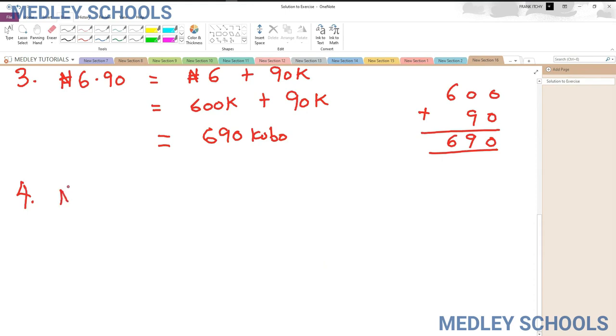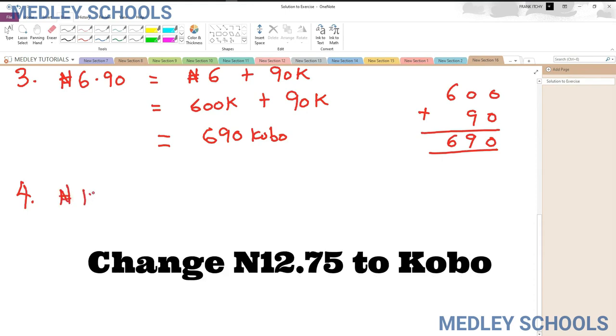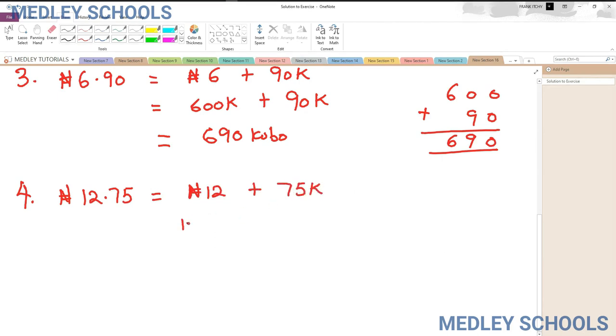So we take the fourth exercise. Now we are asked to change 12 naira 75 kobo to kobo. So we are going to split it. We have 12 naira plus 75 kobo. Now 1 naira is equal to 100 kobo. Now this means 12 naira is equal to 1200 kobo plus 75 kobo.